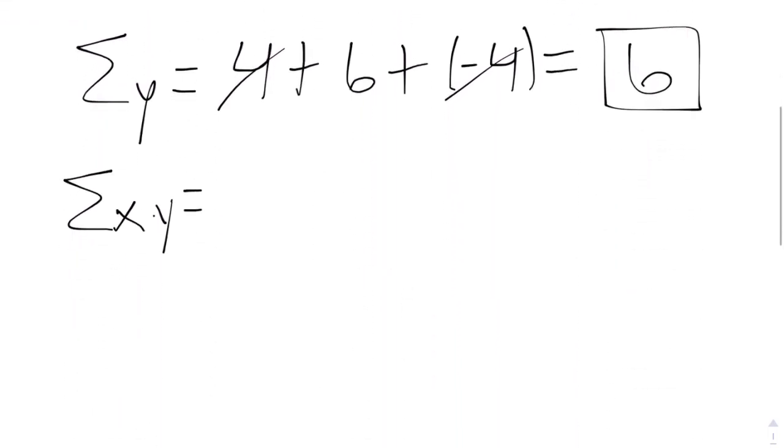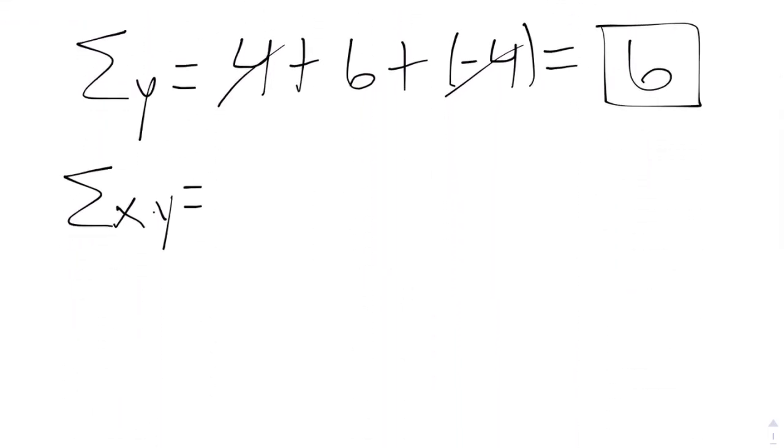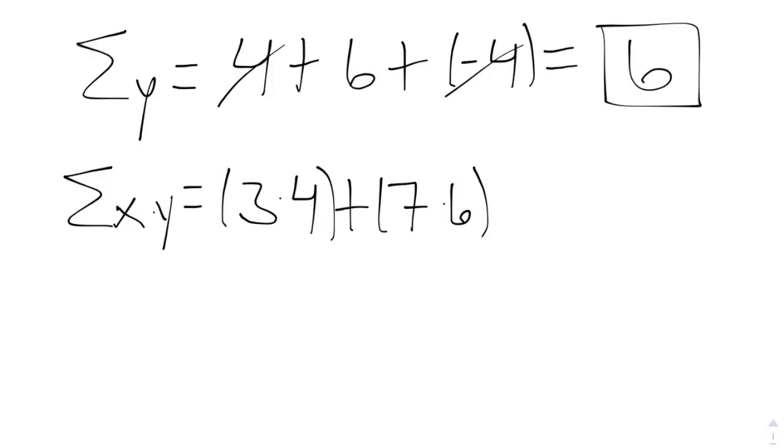So let's go ahead and do that. It's going to be 3 times 4 plus 7 times 6 plus negative 2 times negative 4.